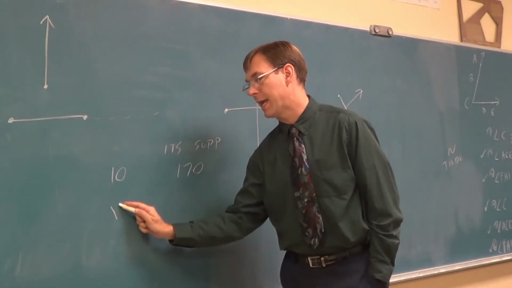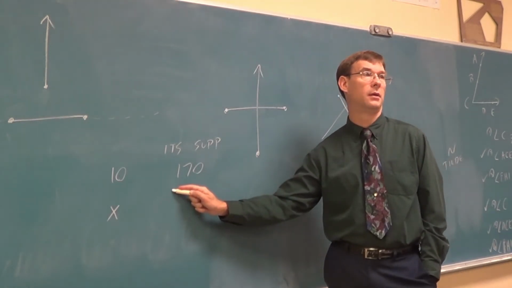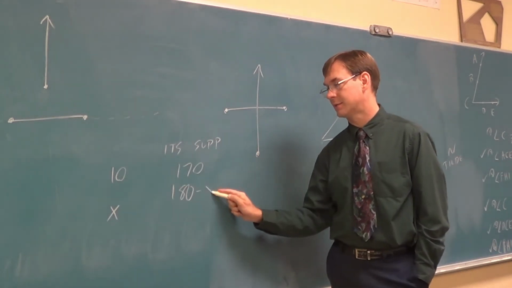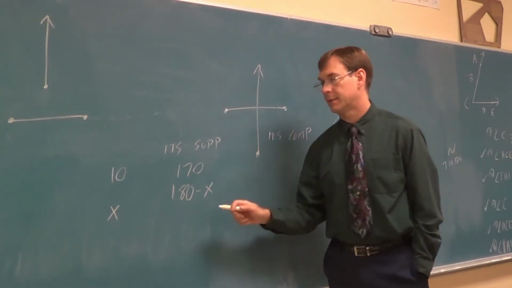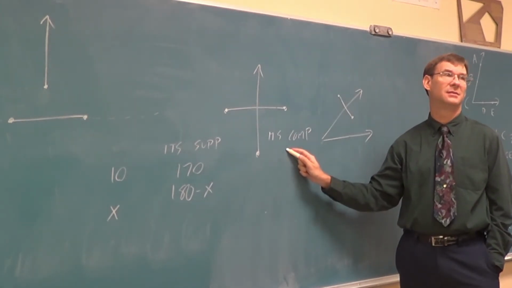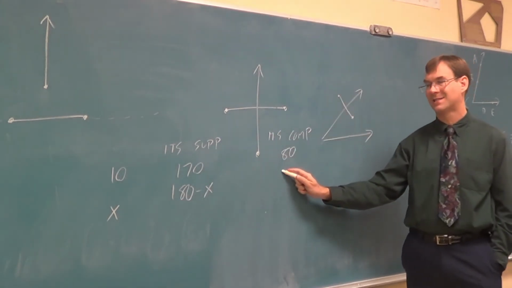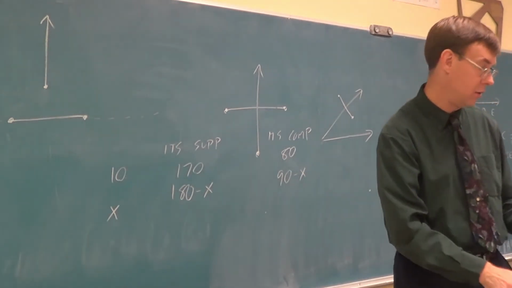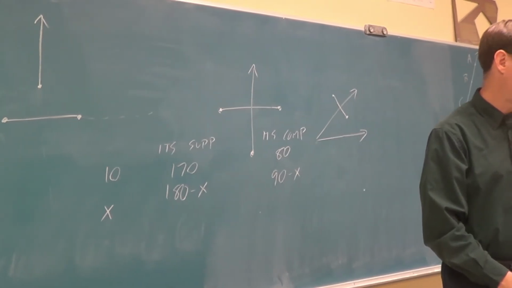So at the end of the period last time, I gave you an X. And Dave told us what the supplement would be. 180 minus X. If I ask you for its complement, what is the complement of 10? 80. What would be the complement if I threw you an X? 90 minus X. So that caps off 31, 32. 31 is 180 minus X for the supplement, 90 minus X for the complement.